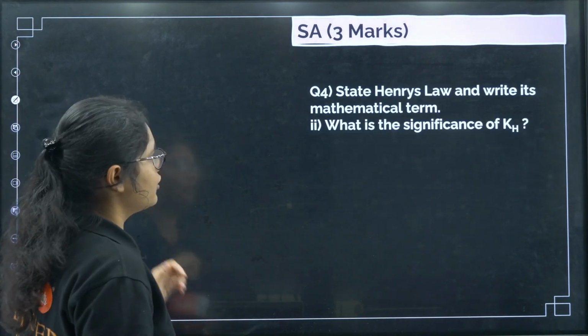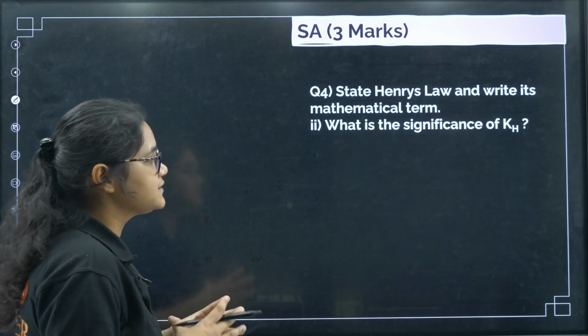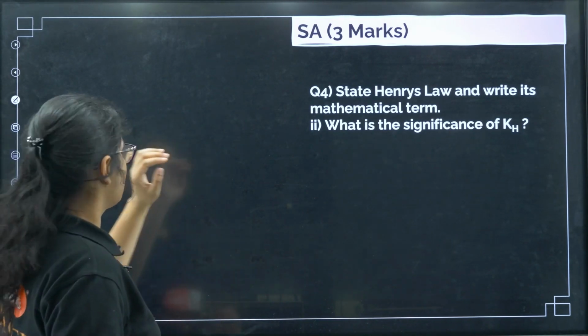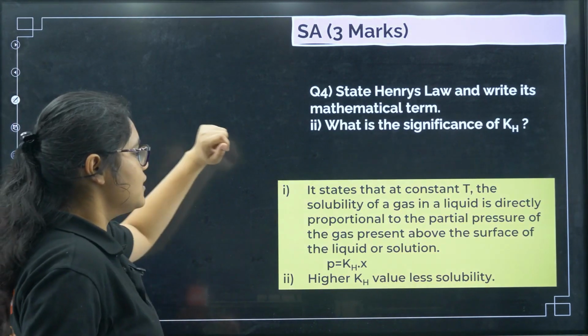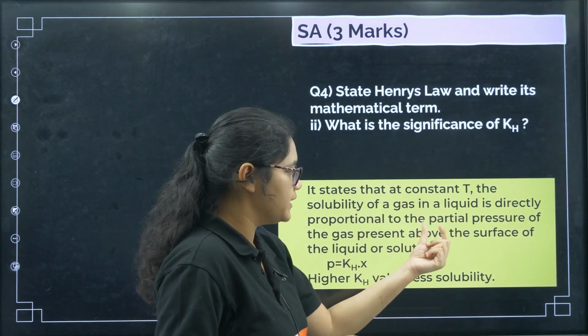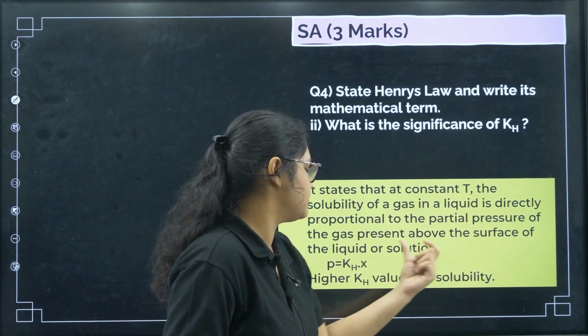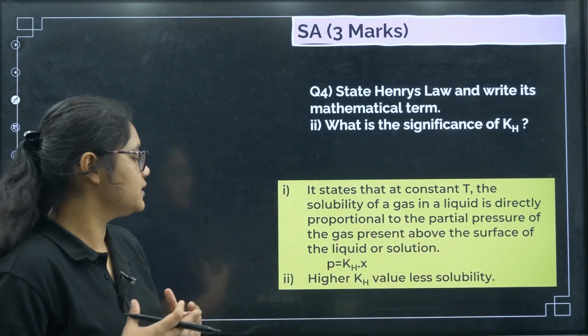Moving to question number 4: state Henry's law, write its mathematical form, and what is the significance of KH? Henry's law states that at a constant temperature, the solubility of a gas in a liquid is directly proportional to the partial pressure of the gas present above the surface of the liquid or the solution.